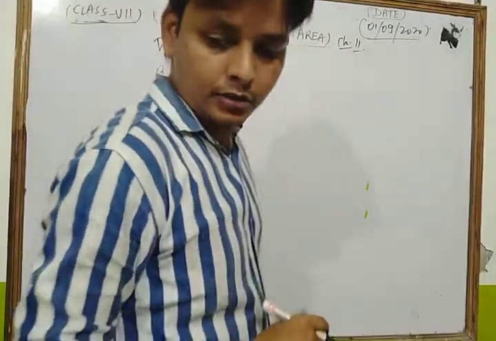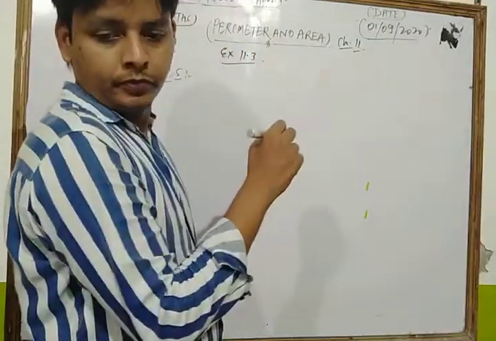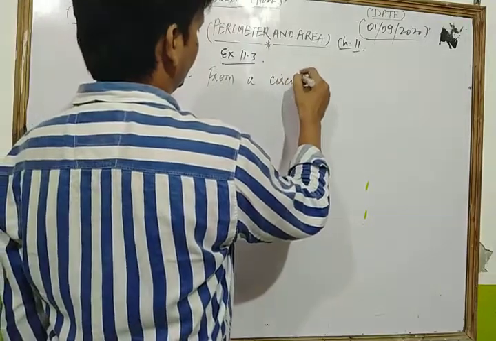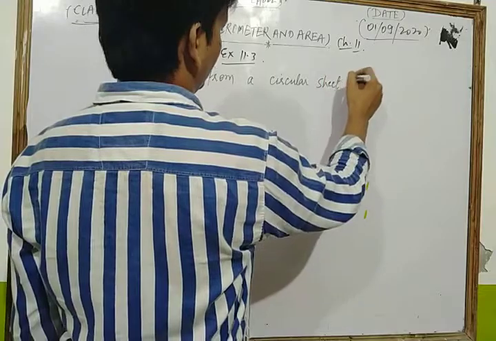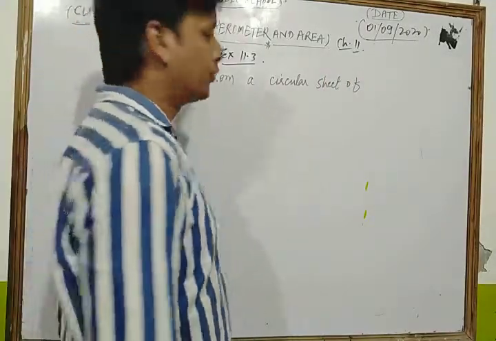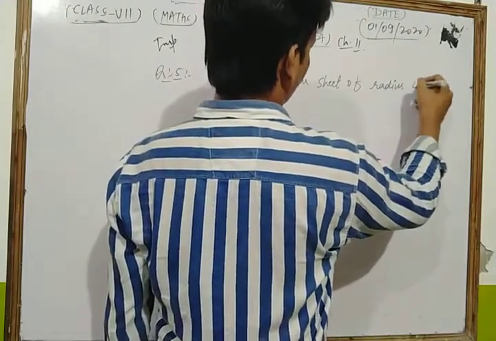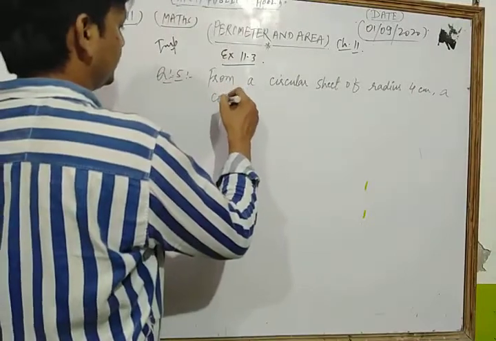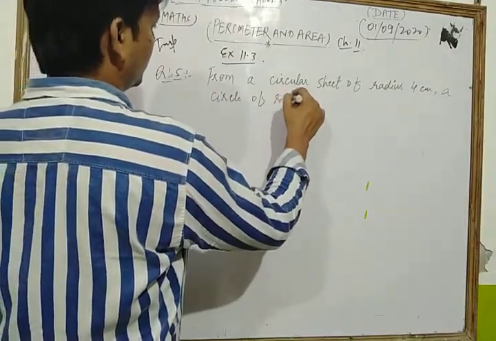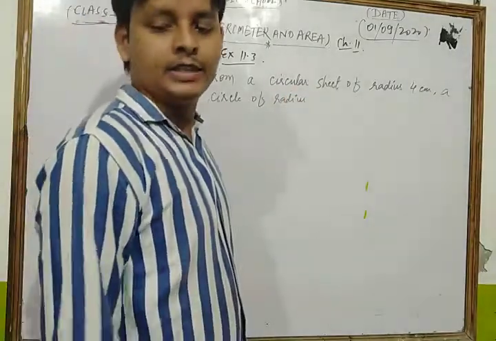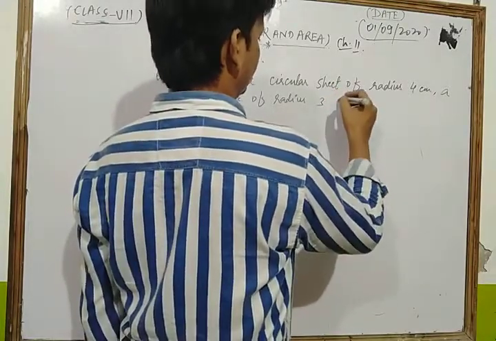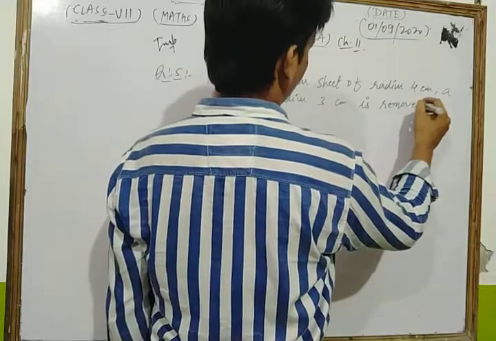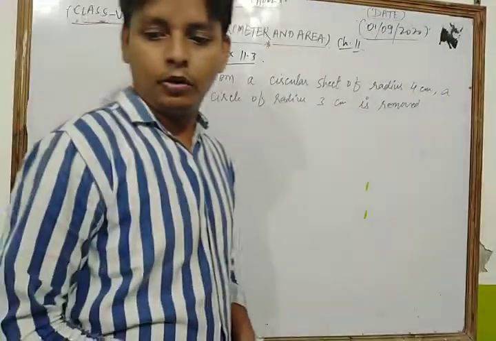Question number 5 is: from a circular sheet of radius 4 centimeter, a circle of radius 3 centimeter is removed. Find the area of the remaining sheet.